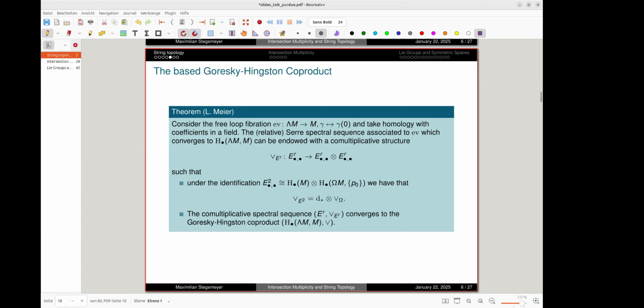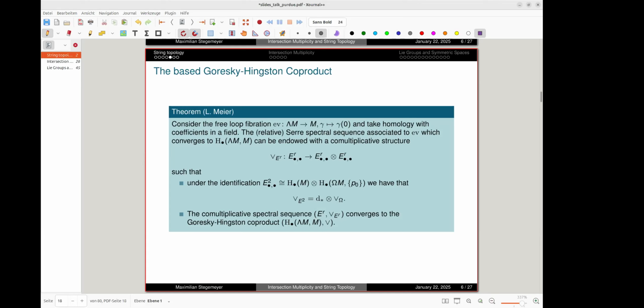Now on the E2 page, since we take coefficients in a field, there's an identification with a tensor product of the homology of the base with this relative homology, so the reduced homology of the fiber, and the fiber is the based loop space.